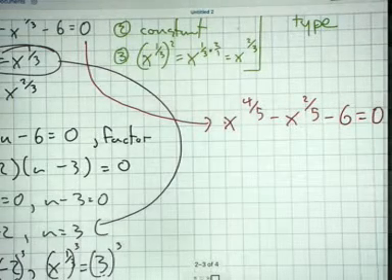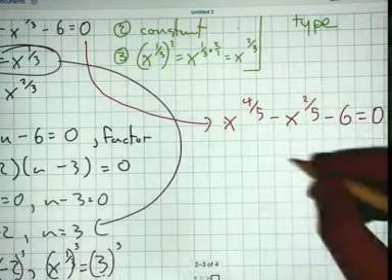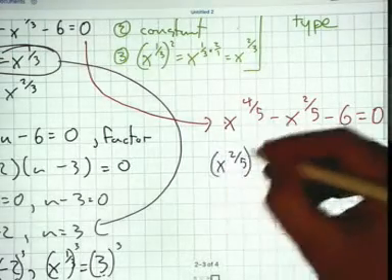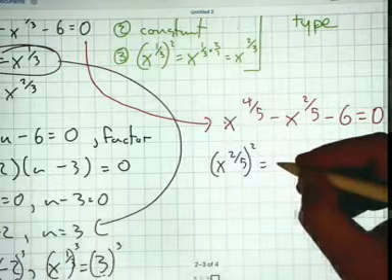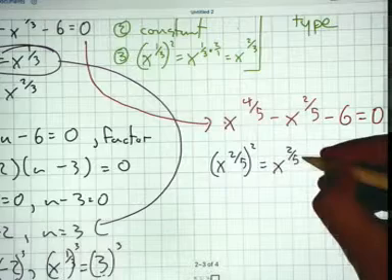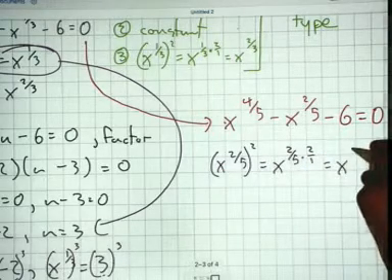That's interesting. Take a note. If you take x to the 2/5 and you square it, that's now x to the 2/5 times 2 over 1, which is equal to x to the 4/5.